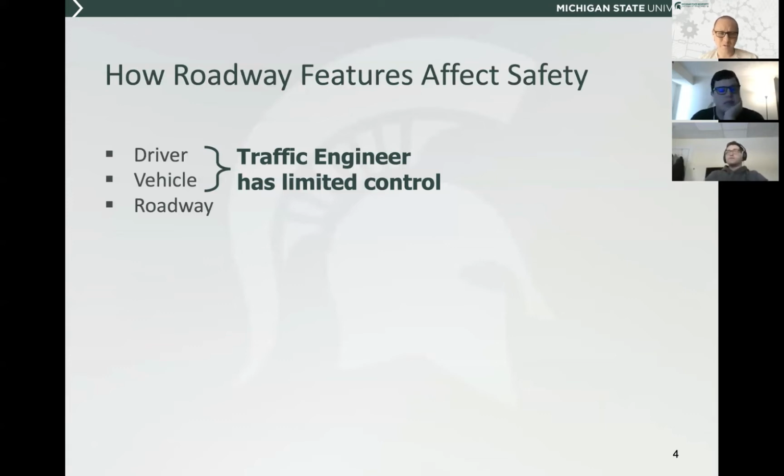So, but I would argue we have at least some influence over the driver, with the primary element there just being the use of traffic control devices of various types. So things like roadside dynamic message signs, and I think you said in some of those presentations we had last semester, we're trying to evaluate whether those have any meaningful impact on driver behavior.